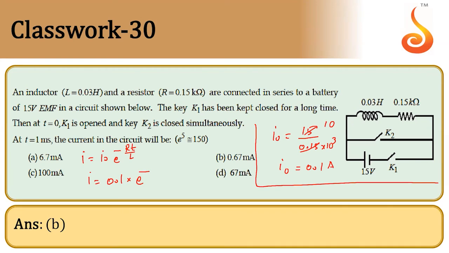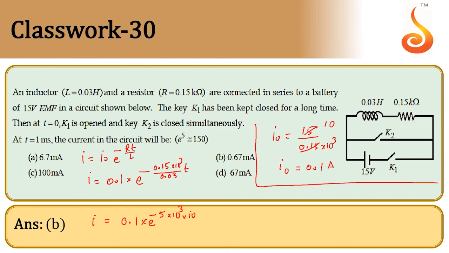R by L value you can calculate separately: 0.15 into 10 cubed divided by 0.03 is 5 times 10 cubed, since it is kilo ohm, into t after 1 millisecond.